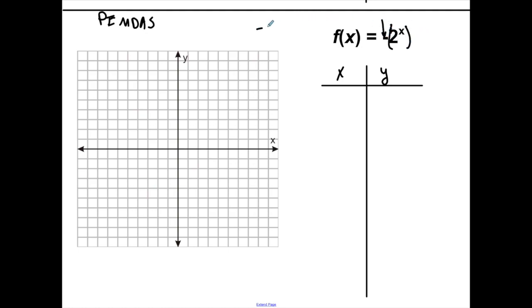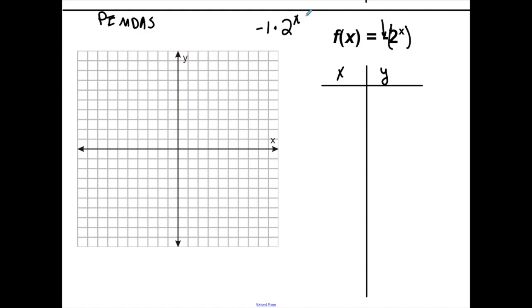So this is essentially negative 1 times 2 to the x. And if you look at it like that, you can see that if we're doing PEMDAS, we have to do the exponent before the multiplication.